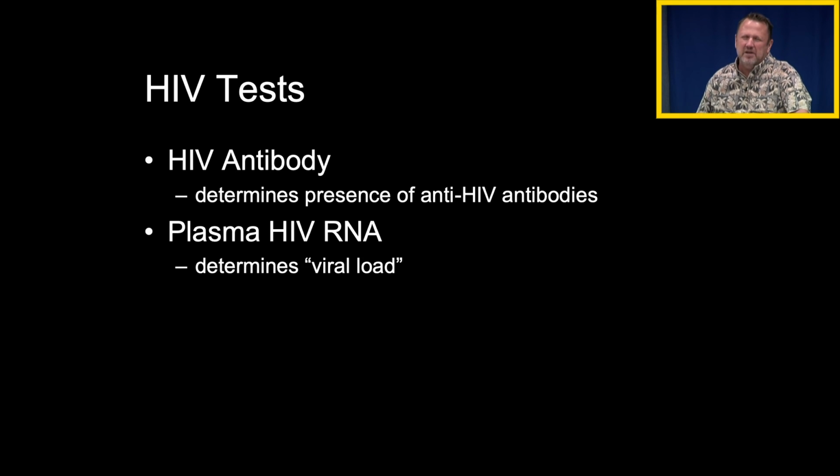However, we can measure the HIV RNA, and that is called viral load. When we have high levels of human immunodeficiency virus RNA in our plasma, that tells us that we are loaded with virus.